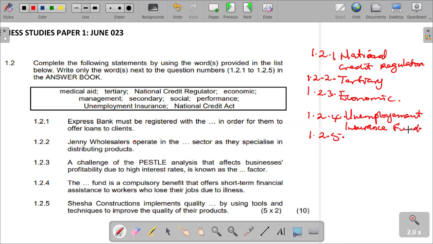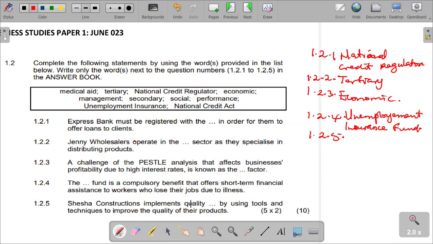It is an employment insurance fund that is given when employees lose jobs, contributed to by both the employer and the employee. It is compulsory: when somebody has been working for a time and then loses a job, the person must get financial aid or support from the UIF.